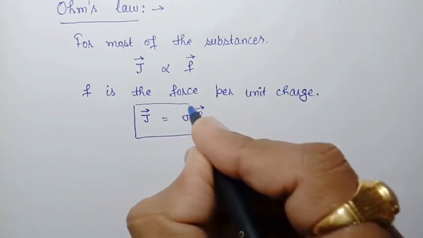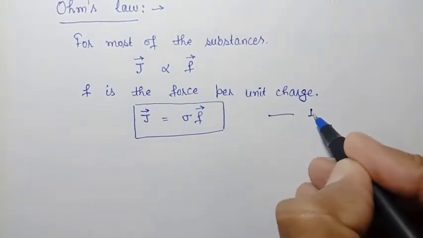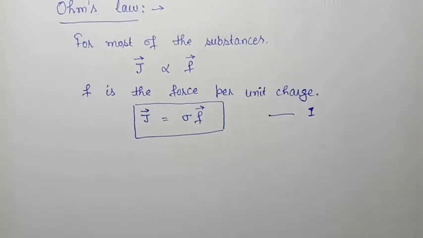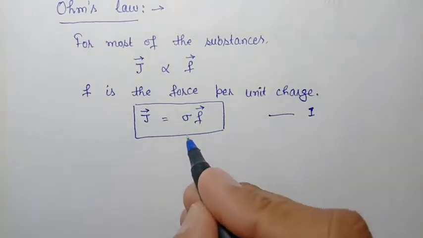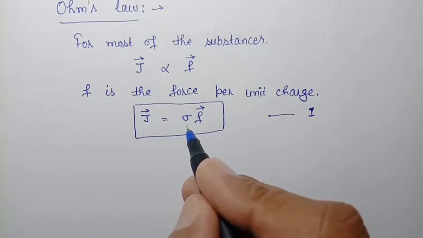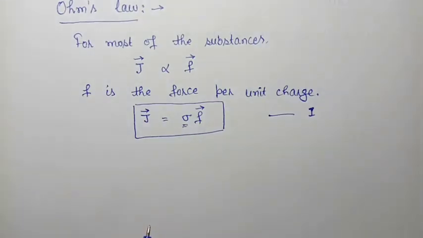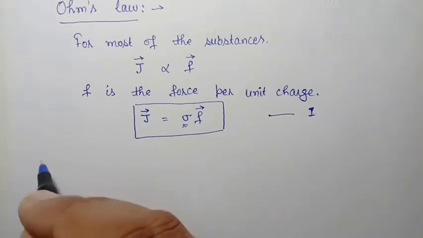Suppose this is equation number 1. So here sigma is a proportionality constant and is known as conductivity, and so here conductivity varies from material to material.